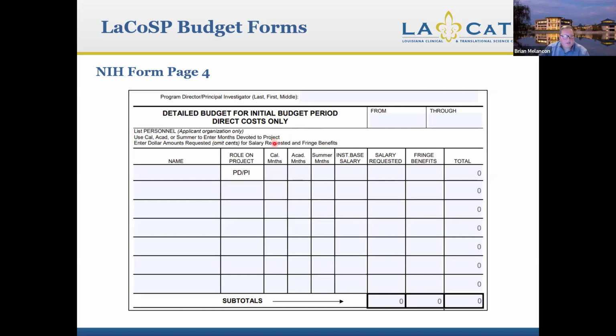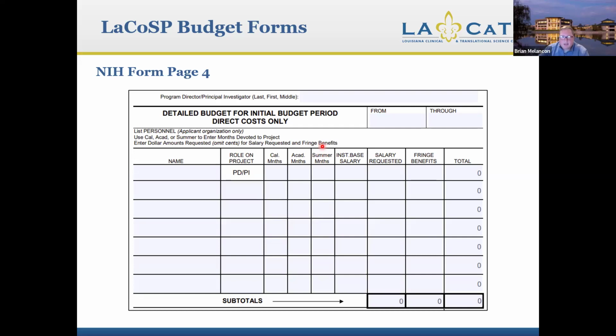So calendar months, like for myself, I'm a 12-month employee. I'm a full-time employee. I'm not in an academic capacity. So you might have professors that work on a 9-month academic calendar or a 3-month summer appointment. And again, this is how you base your percent effort to be used in your salary requested.